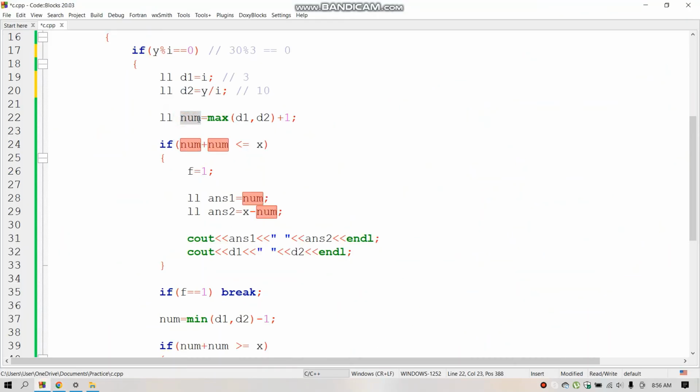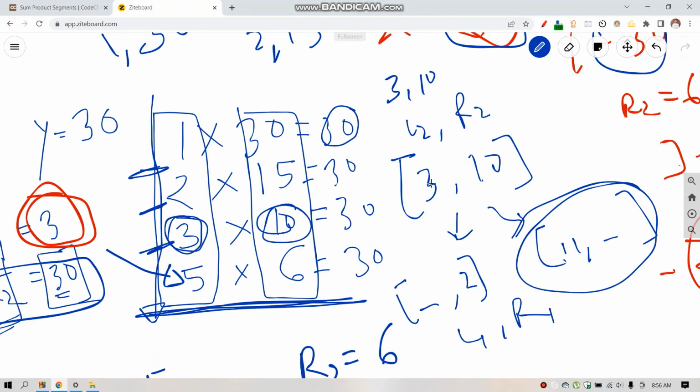Here I am taking my number as max of d1 comma d2 plus 1. Max of d1 comma d2, that means max of 3 comma 10, so 10, and 10 plus 1 is 11. So I am taking my number as 11, and suppose my x is 20.